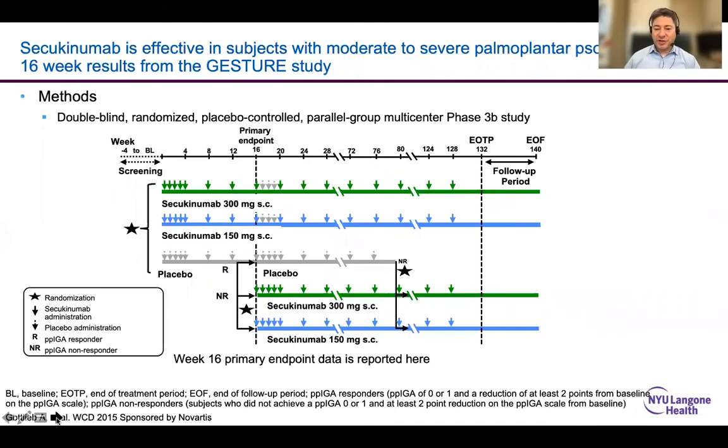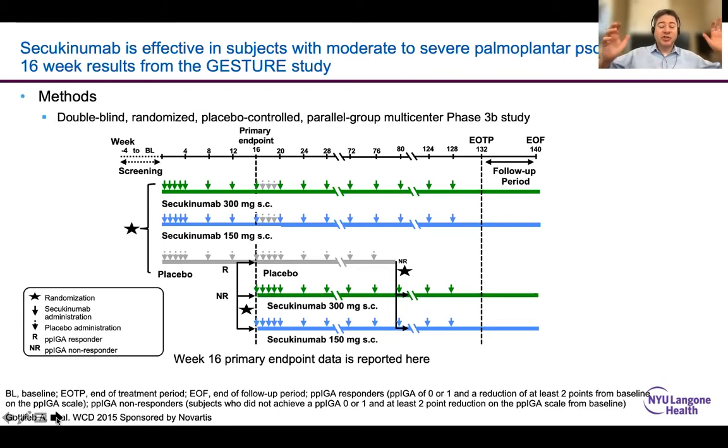A different study called the Gesture trial with secukinumab, another IL-17 inhibitor, looked at palmoplantar psoriasis a different way. Instead of looking at a subset of moderate to severe psoriasis patients, they looked at patients with just severe palmoplantar psoriasis.